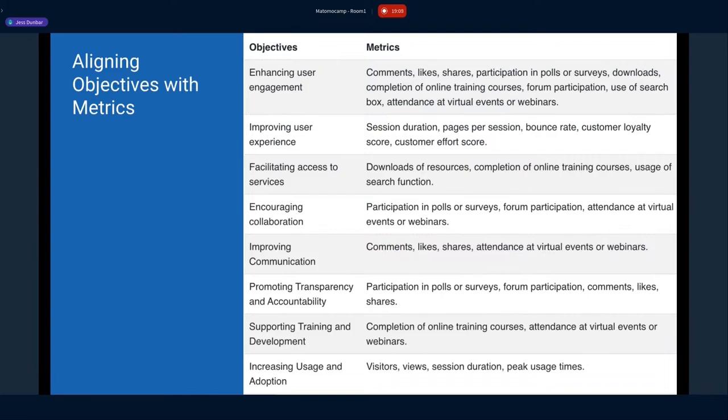You may also need to adapt your metrics over time as your intranet evolves, and we'll discuss that through a few case studies here at the end, and gain more insights into user behavior and preferences. But to sum it up, building a successful intranet within your agency means choosing the right metrics that align with objectives. This, in turn, offers actionable insights and reflects your users' needs and behaviors.